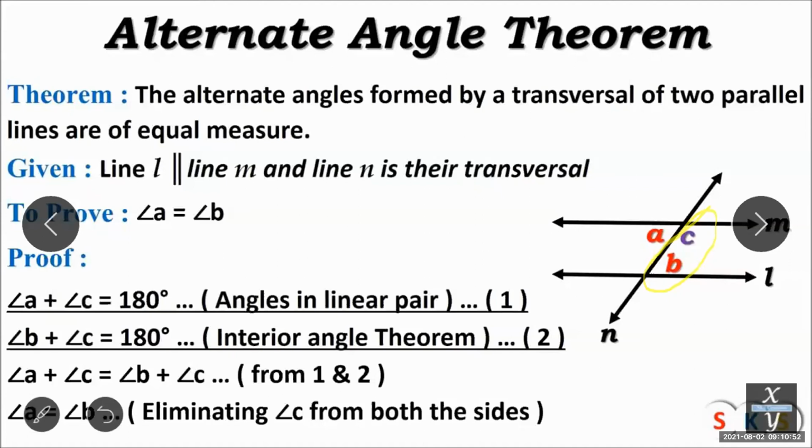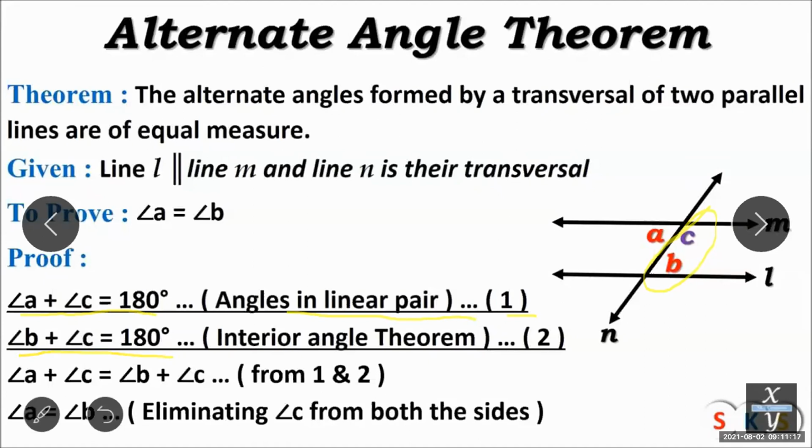So first here we will write angle A plus angle C equals 180 degrees, and the reason is angle A and angle C form a linear pair. Okay, that is equation 1. Now the next step is angle B plus angle C equals 180 degrees.